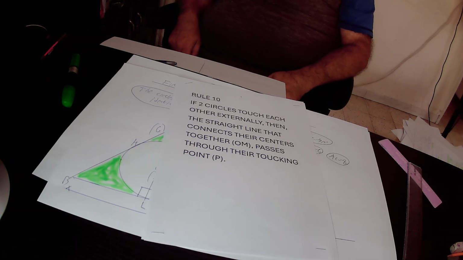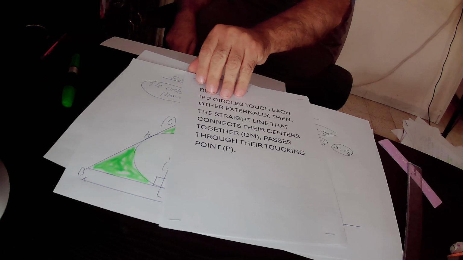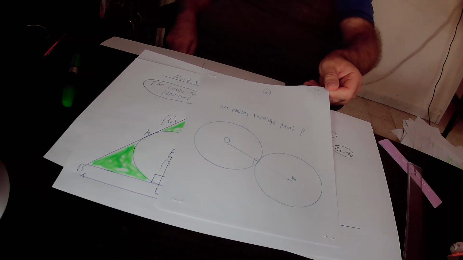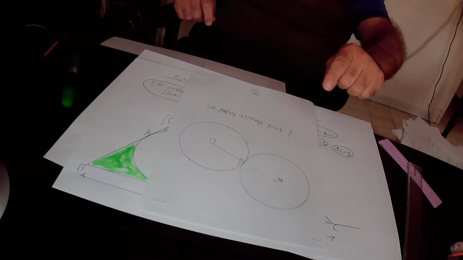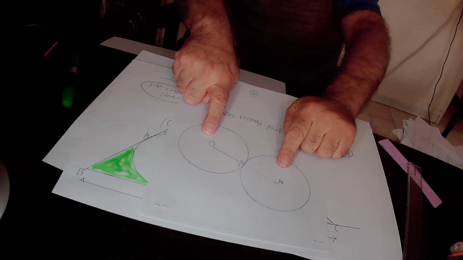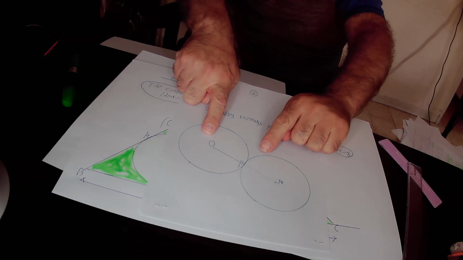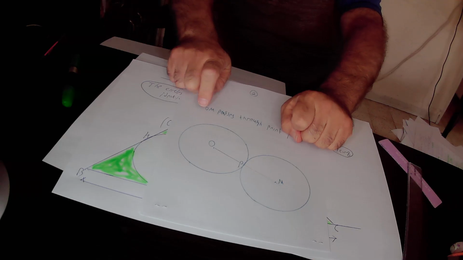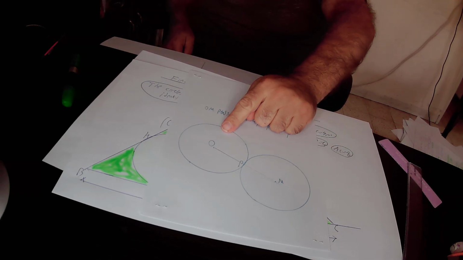According to rule 10, if two circles touch each other externally, then the straight line that connects their centers together passes through their touching point. Those two circles touch each other externally at point P. Point O is the center of this circle.